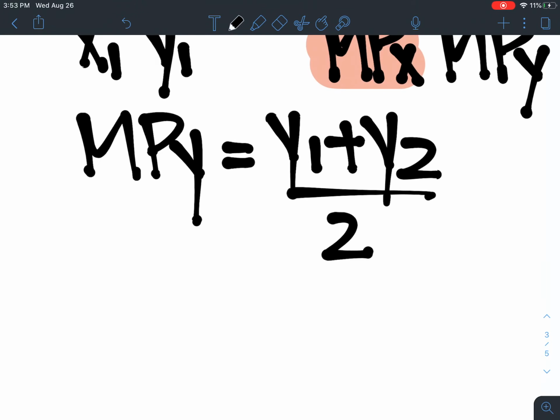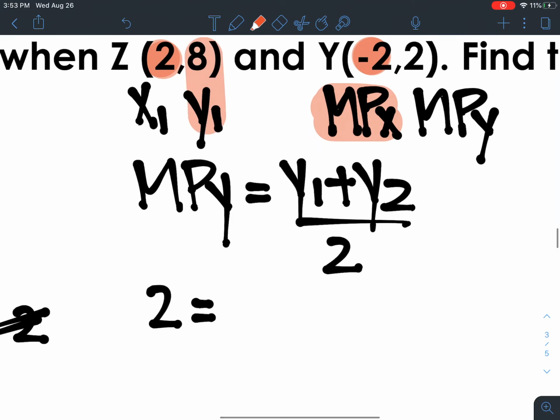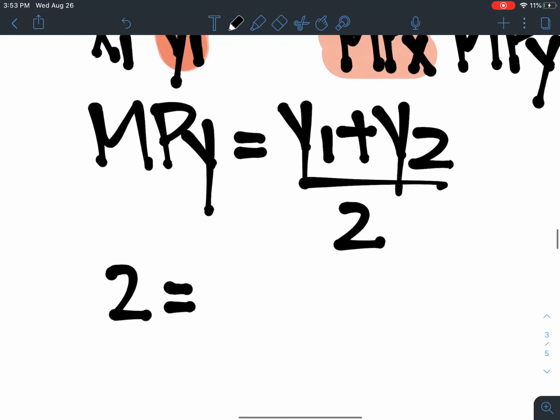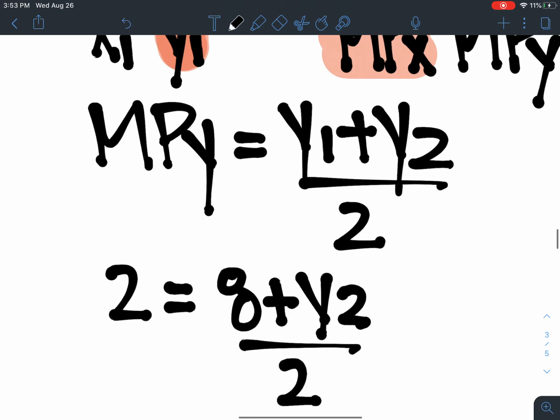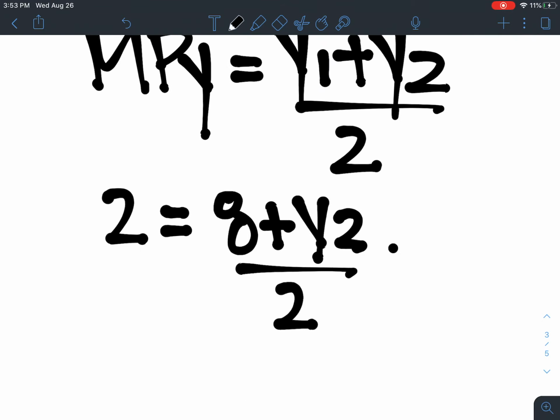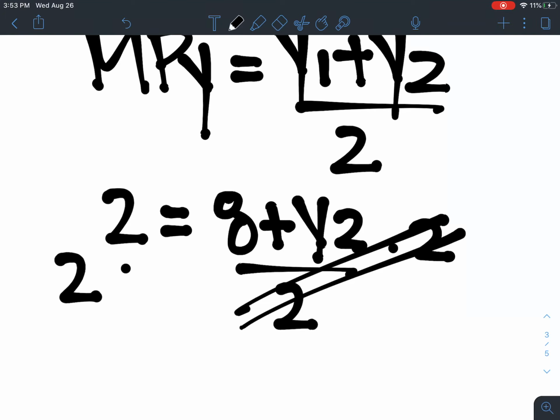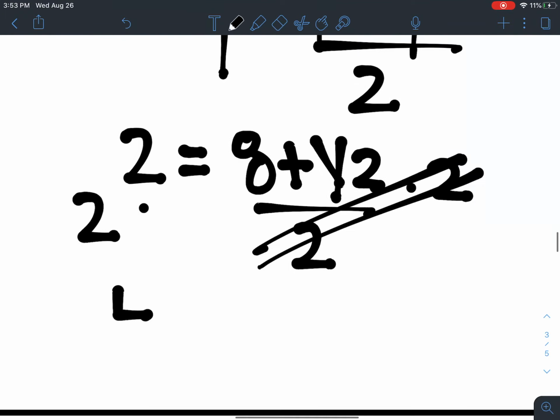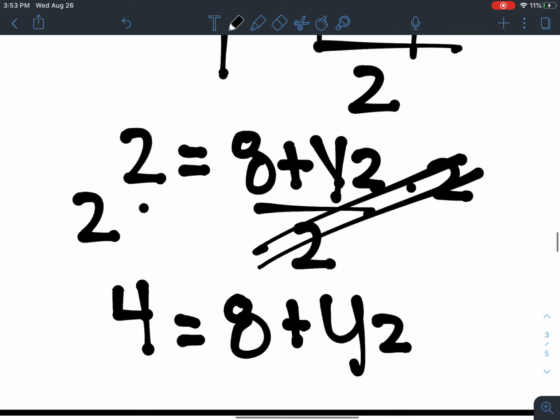Now I'm going to follow that same process for my MPY. I'm going to plug in 2 here for my MPY, which is equal to, I labeled my 8 as my y1, plus y2, over 2. Once again, I have to get rid of the 2 in the denominator, so I multiply both sides by 2 to cancel it out. I have 4 is equal to 8 plus y2.